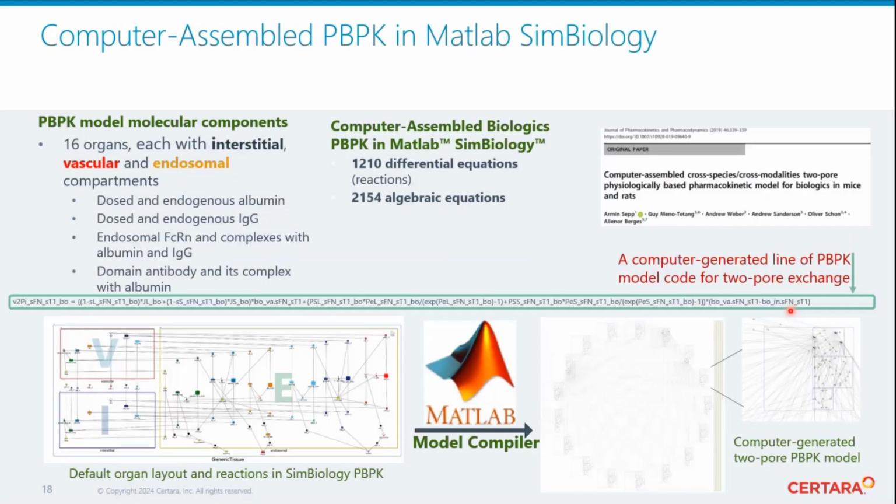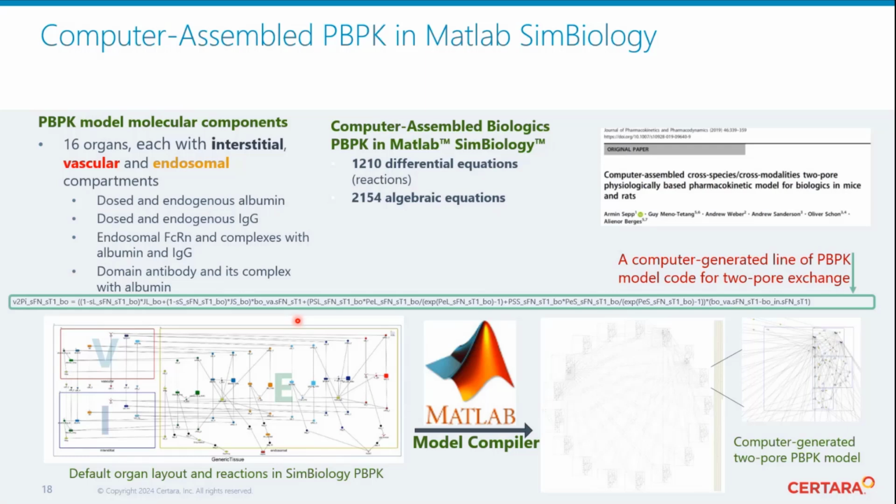So all we have seen now is that there are quite a few features that need to be taken into account. This happened to be one of the published models where half a dozen different protein species were modeled all at the same time. Some of them also bound FcRn. You can imagine writing up such a model by hand is certainly possible, but would take a couple of years.